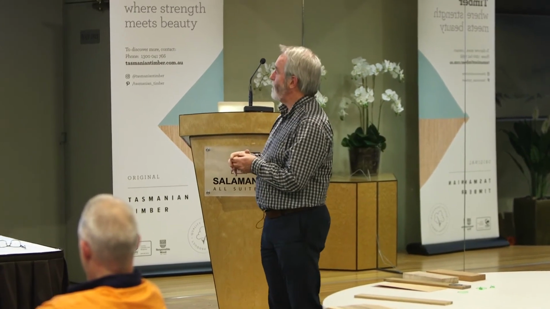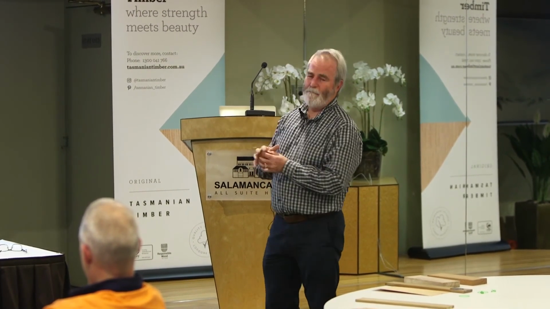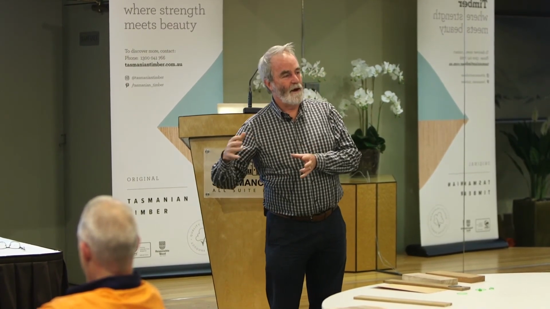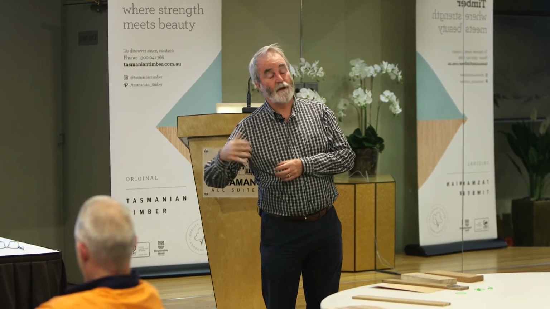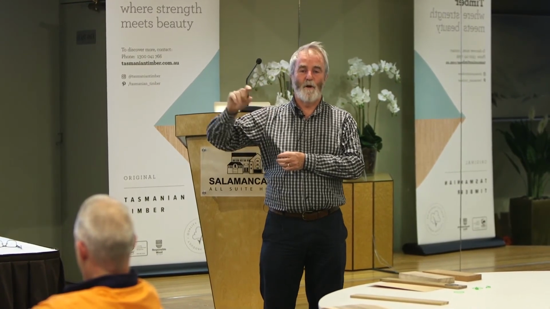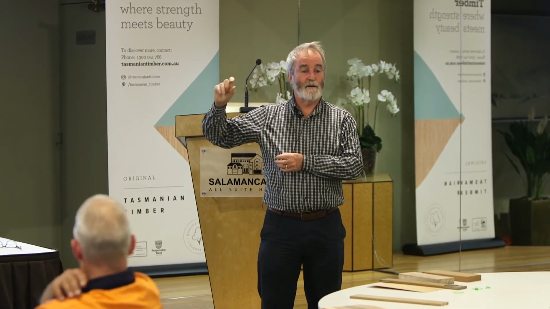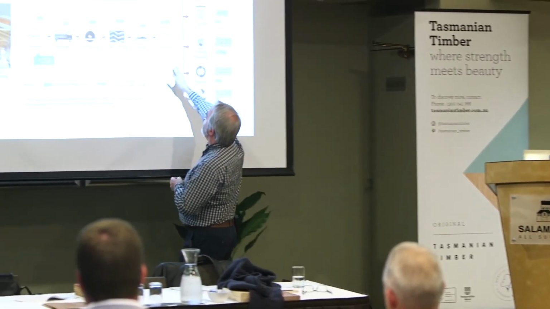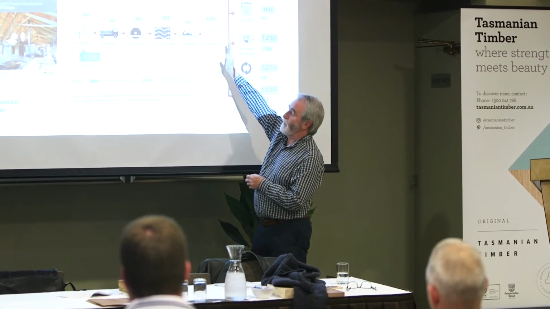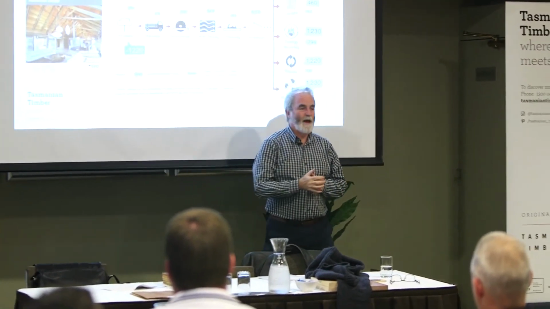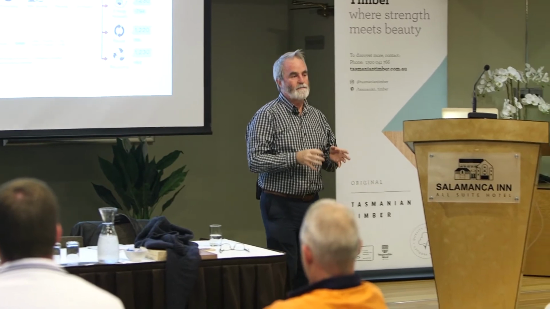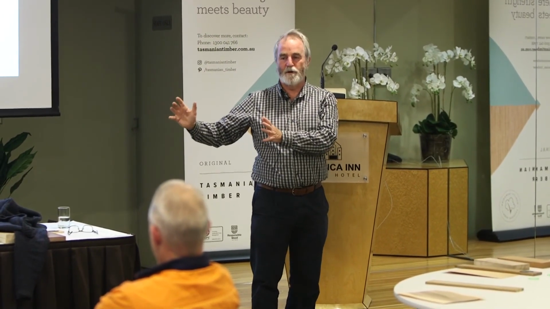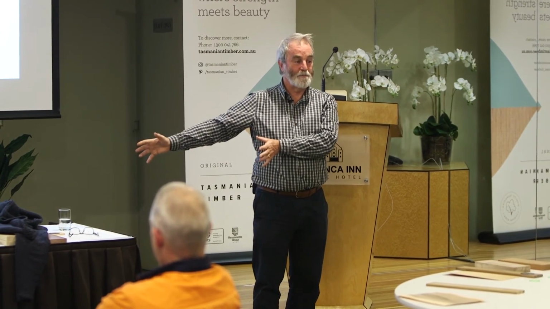You're then expending about 350 to 400 kilograms of CO2 equivalent in transporting it, harvesting it, and all those other things. That gives you a balance at this point where you're using in the building about 880 kilograms of CO2 equivalent for every cubic metre of hardwood you're putting into the building.